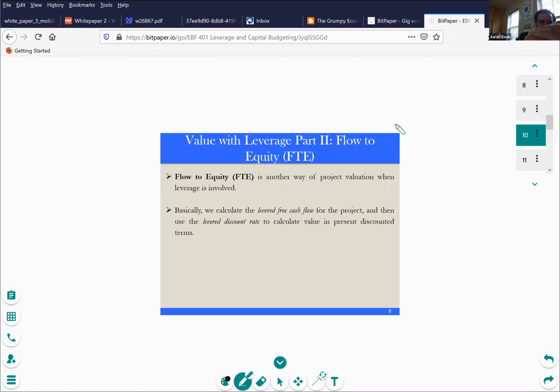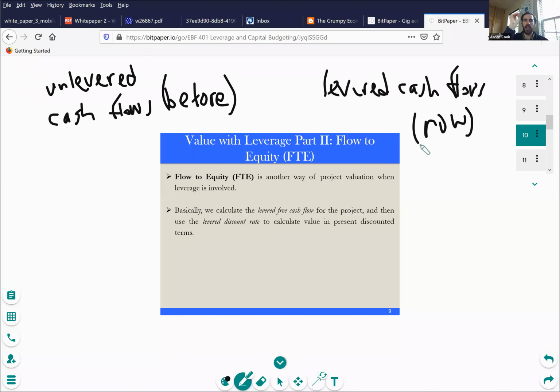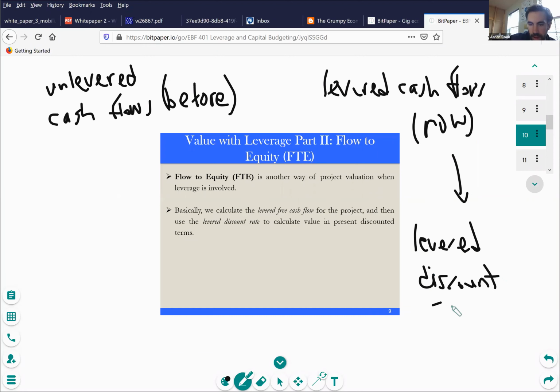The key thing here is that before we used unlevered cash flows, now we're going to use levered cash flows. And then we're going to discount by the levered discount rate, and that's R_S. That's the cost of equity capital that we've seen before.